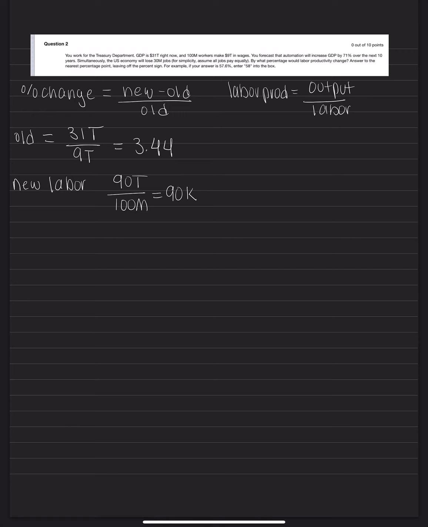From there, we can figure out how many new laborers there were. 100 million minus 30 million equals 70 million. And so now that we know that there are 70 million labor workers, we can do 70 million times 90K to figure out that new labor is going to equal $6.3 trillion.